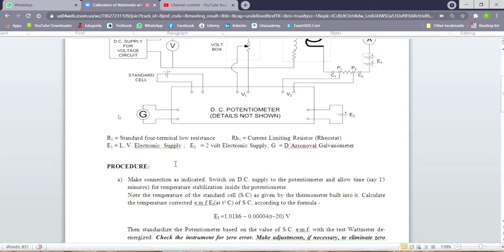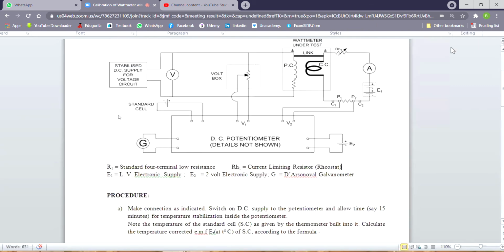Now what is the advantage of using the DC potentiometer? Once we know V1, which is indirectly the pressure coil voltage, and V2, which is indirectly the current coil current, we can convert the readings: V1 multiplied by 100 gives the pressure coil voltage, and V2 divided by 0.1 gives the current coil current.